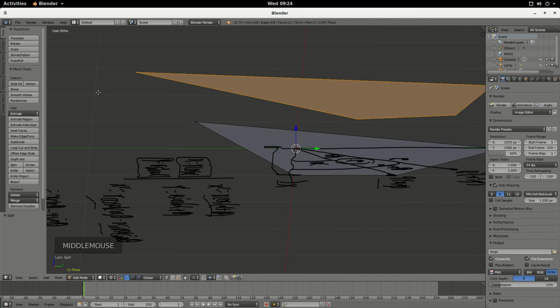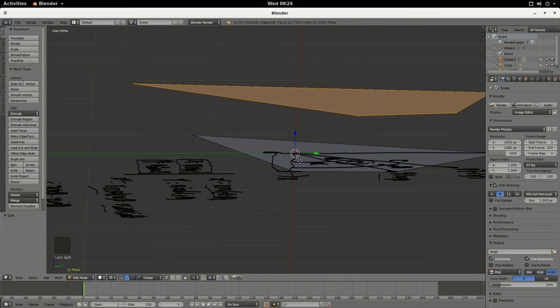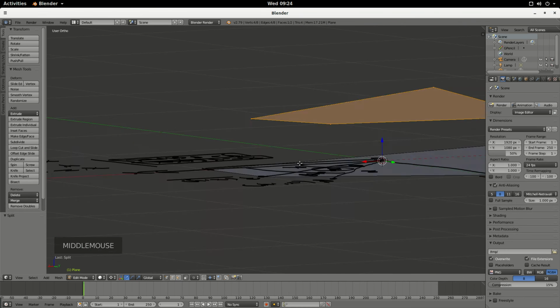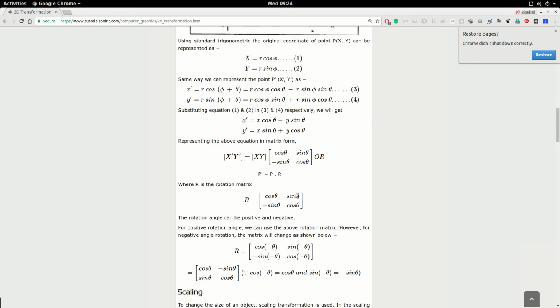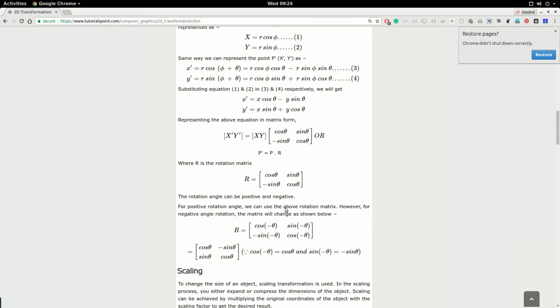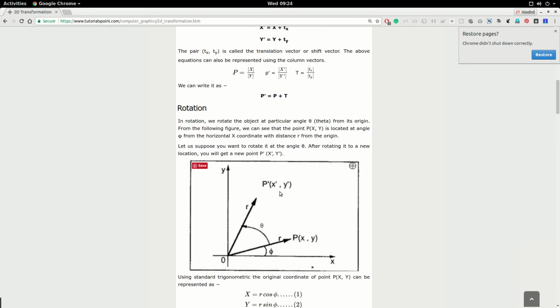Okay? If you look at the x rotation, both of them are on the positive. If you look at the y rotation, x is on the negative side and z is on the positive side. Okay. That will affect a few things. So this is for z rotation.